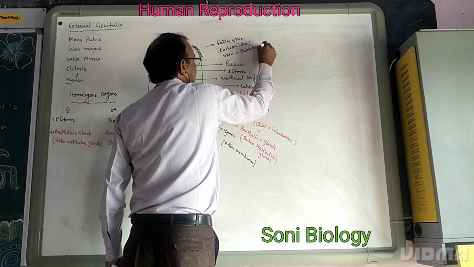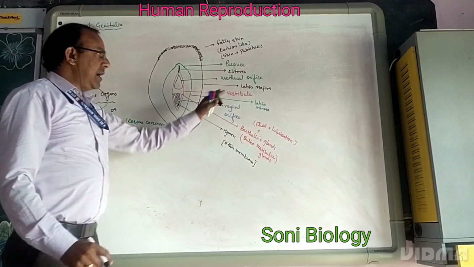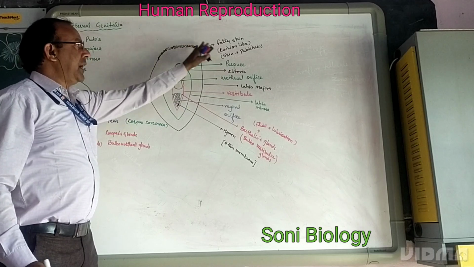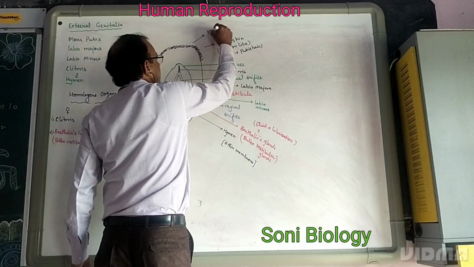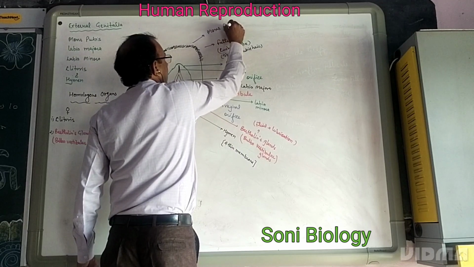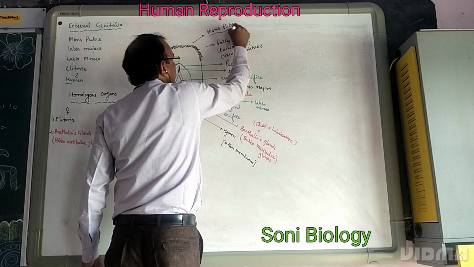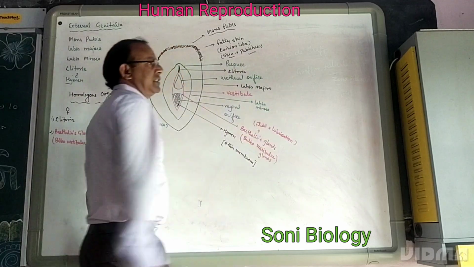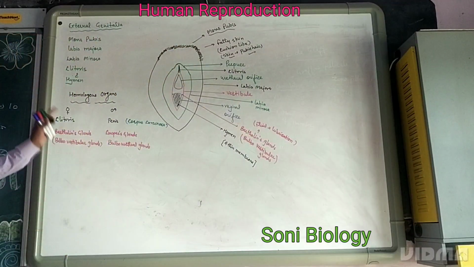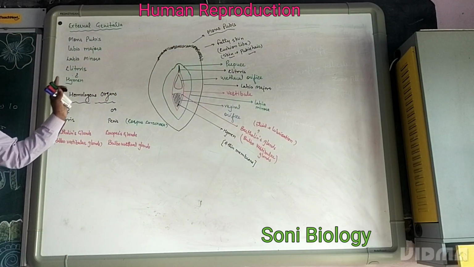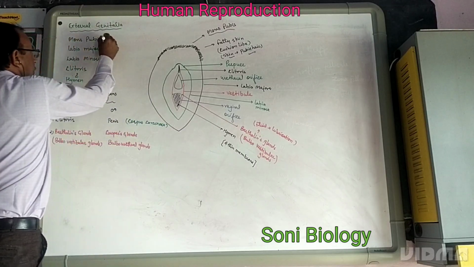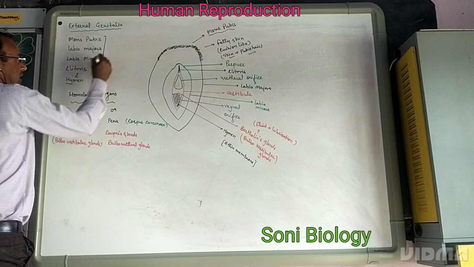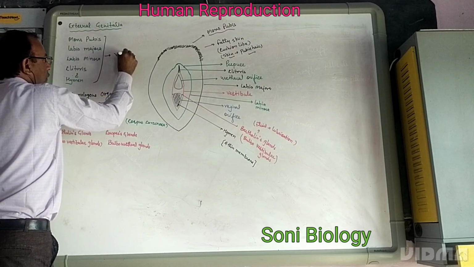So the upper soft fatty cushion-like structure of labia majora is called mons pubis, and mons pubis is covered with skin as well as pubic hair. This is the external genitalia of female. The external genitalia may include these parts, and it is commonly called vulva.